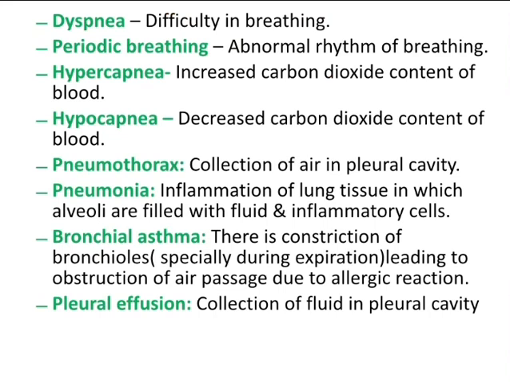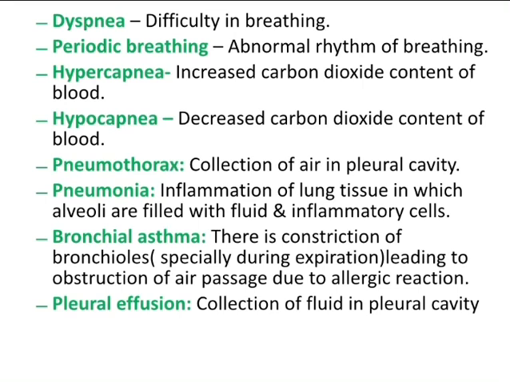Next is dyspnea. It is difficulty in breathing. Next is periodic breathing, which means abnormal rhythm of breathing. Next is hypercapnia. It is increased carbon dioxide content of blood, and when there is decreased carbon dioxide content of blood, it is known as hypocapnia. Next is pneumothorax. It is collection of air in pleural cavity.